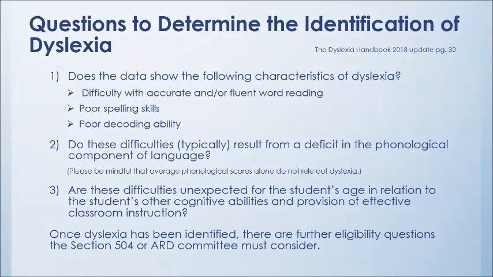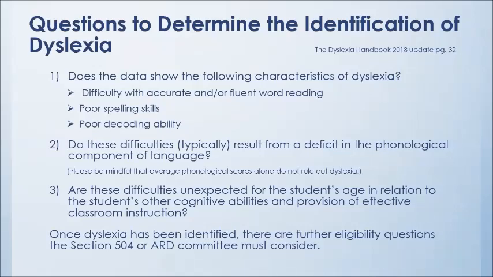Questions to determine the identification of dyslexia. There are 3 questions we must consider. The first is, does the data show the following characteristics of dyslexia? Which means, does the student demonstrate difficulties with accurate and/or fluent word reading, poor spelling skills, and poor decoding ability?